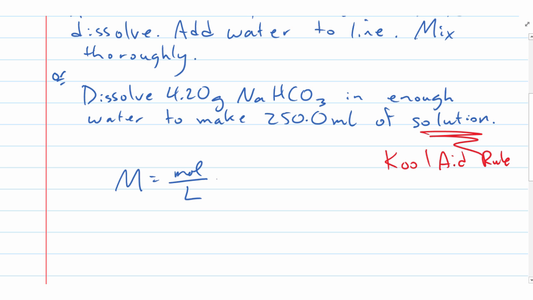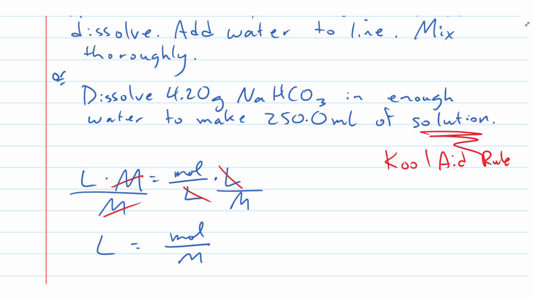To get it up in the numerator, that means we multiply each side by liters. Once we multiply each side by liters, liters cancels out. And then we have to take each side and divide it by the molarity. Good. Once we divide it by molarity, we then find out that liters is equal to moles divided by molarity.